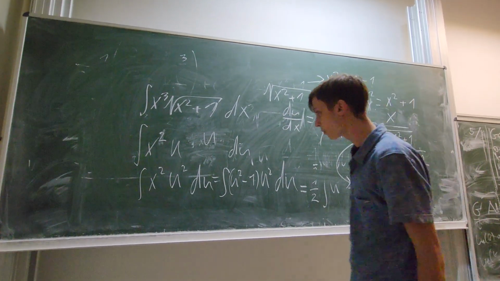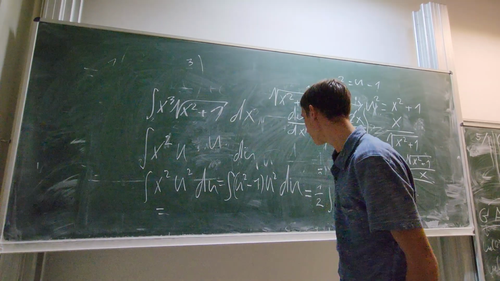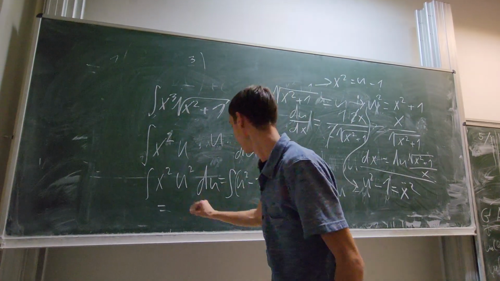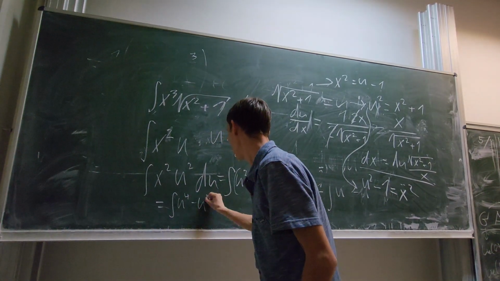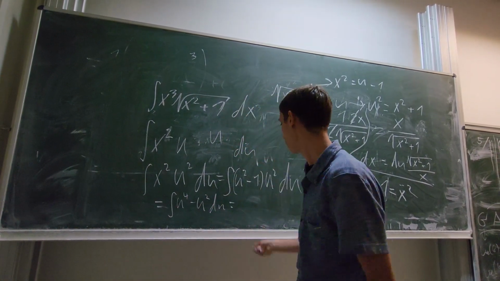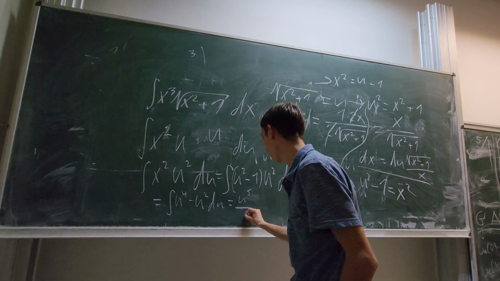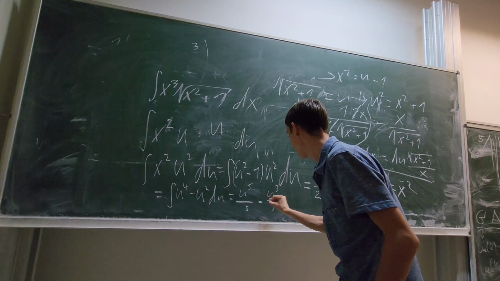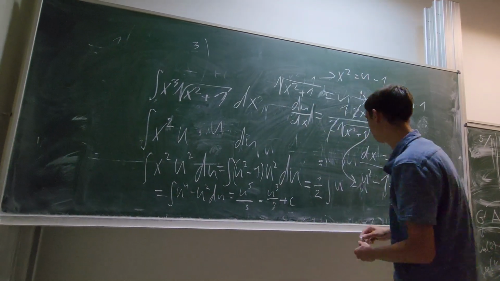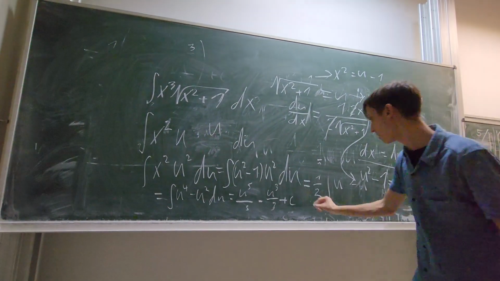Alright, so what this brings is finally the integral of u to the fourth minus u to the second du, which is u to the fifth over 5 minus u to the third over 3 plus c, but of course I have to replace u by what it namely should be.